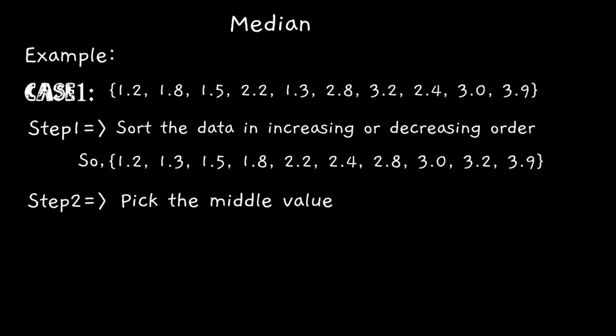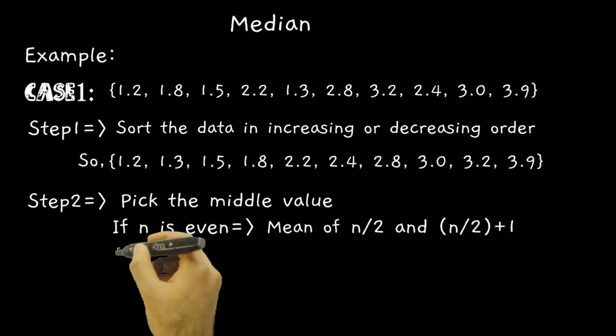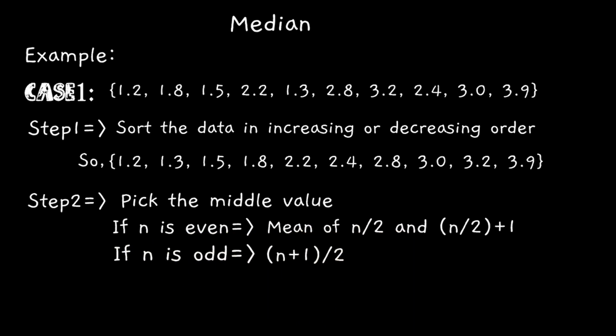Here we have two cases. If n is even, then we will take the mean of the n by 2 and n by 2 plus 1th observation. If n is odd, then we will take the n plus 1 by 2th observation. Here we have an even number of points.